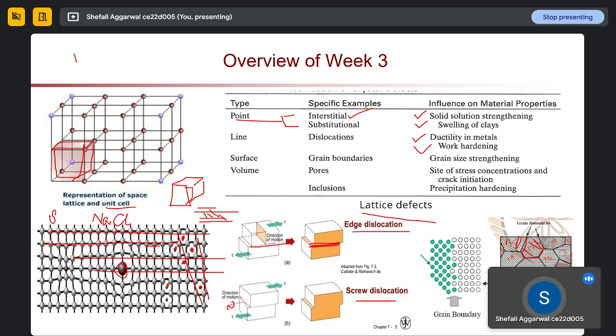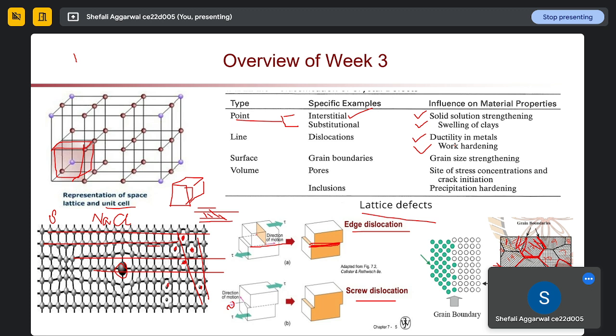When there is a problem along this grain boundary, it is a surface defect. Imagine a defect starting from here: it will line up from this point, then this point, and go along the complete grain boundary because it is the weakest point, right? That is a type of surface defect. One example of this is grain size strengthening.